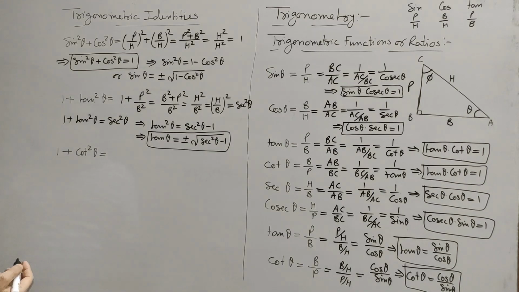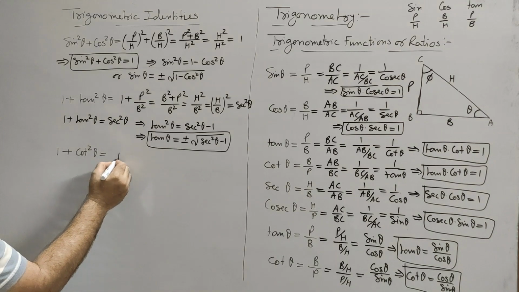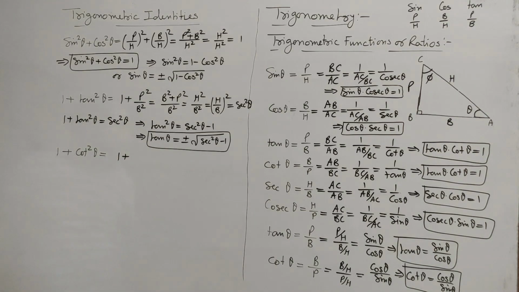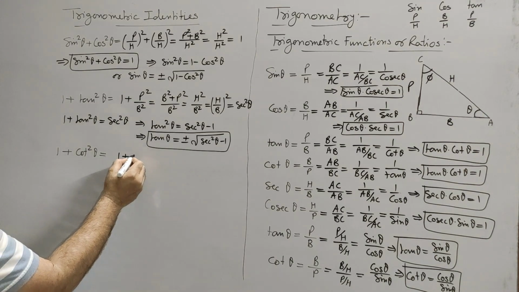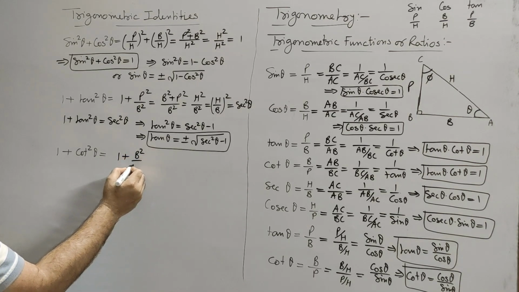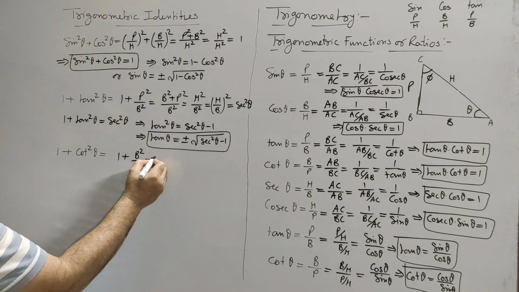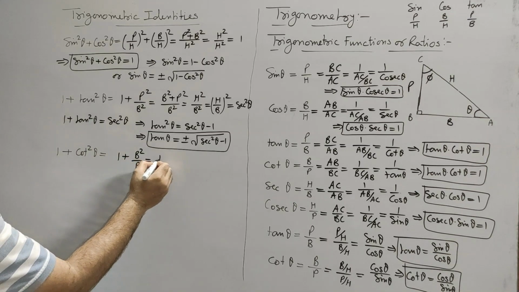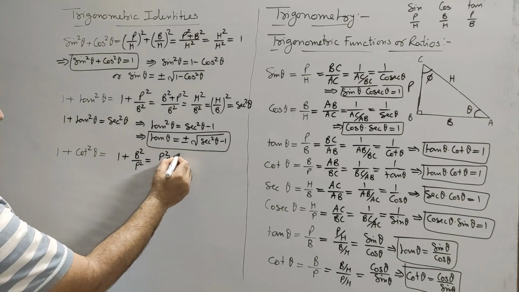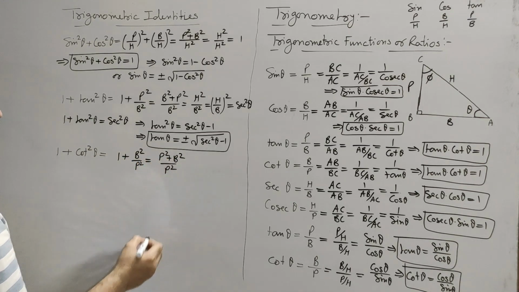Now the third identity is 1 plus cot square theta. So 1 plus cot theta, we know, is base upon perpendicular, so it will become base square upon perpendicular square. By taking LCM it will become perpendicular square plus base square upon perpendicular square.